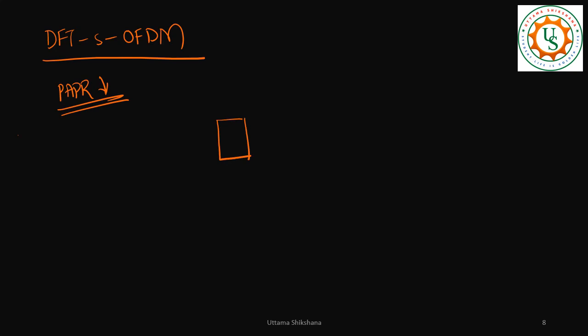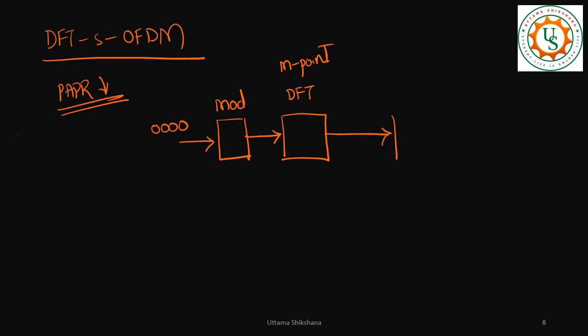Normally I had taken all zeros, right? So this is the modulation, then the DFT block. It will be an M-point DFT. Then for OFDM, we have an N-point IFFT block, right?